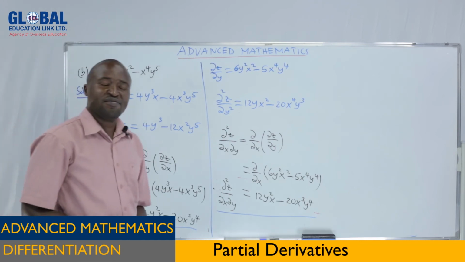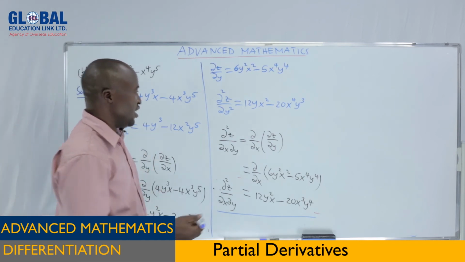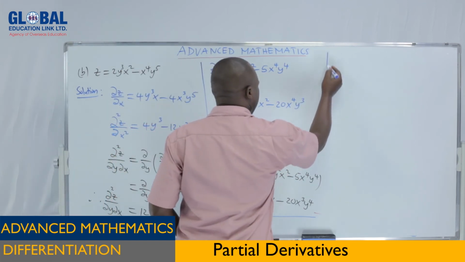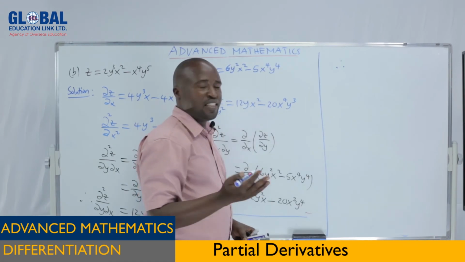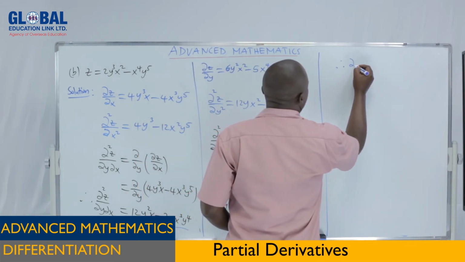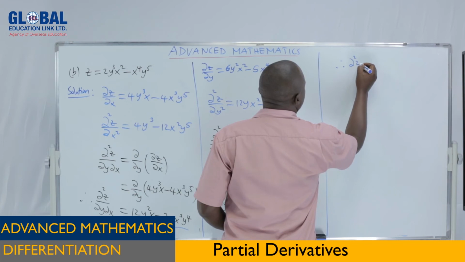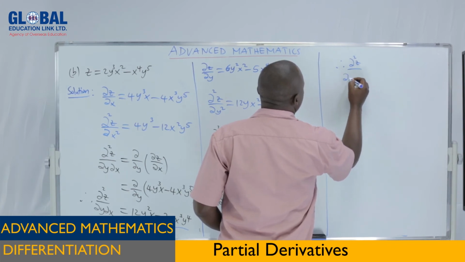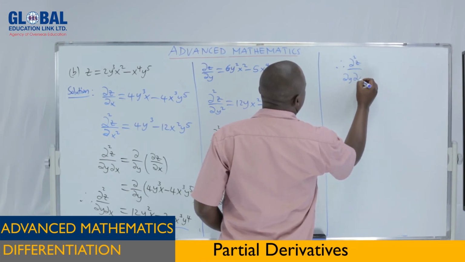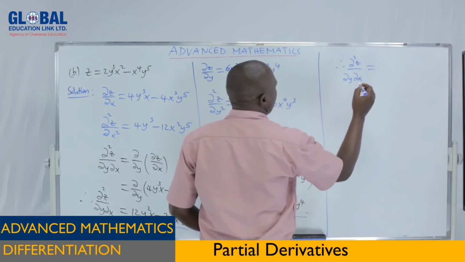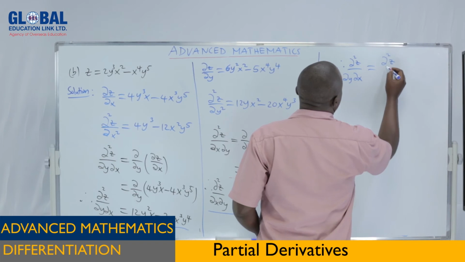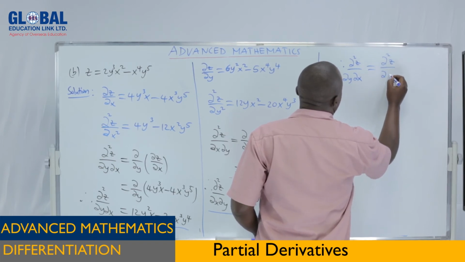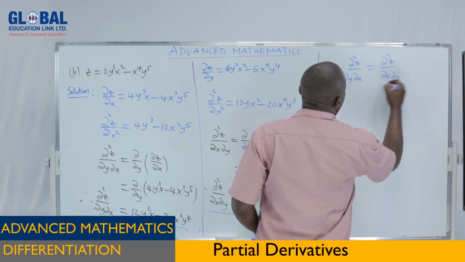So in this case, we can make a conclusion as follows. The second order partial derivative of z with respect to y and x is equal to the second order partial derivative of z with respect to x and y.